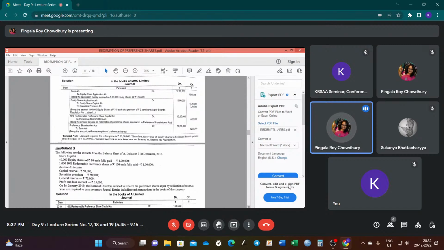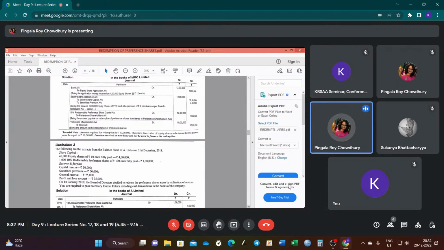You have 1,000 10% redeemable preference shares of rupees 100 each, which are again fully paid up, amounting to rupees 1 lakh. You have reserves and surplus, of which capital reserve is rupees 50,000, securities premium is rupees 50,000, general reserve is having a balance of rupees 75,000, profit and loss account reflects a balance of rupees 35,000.